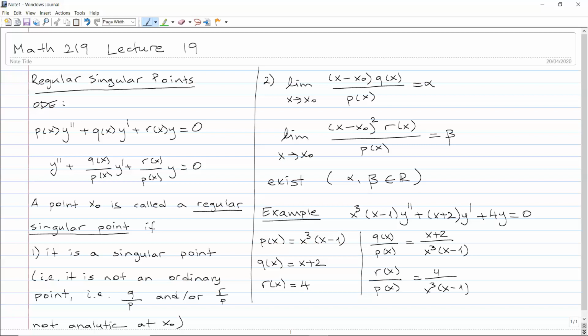And basically for rational functions, it means the points where the denominator is 0. And both functions have the same denominator, x cubed (x minus 1). So x0 equals 0 and x0 equals 1 are singular points.